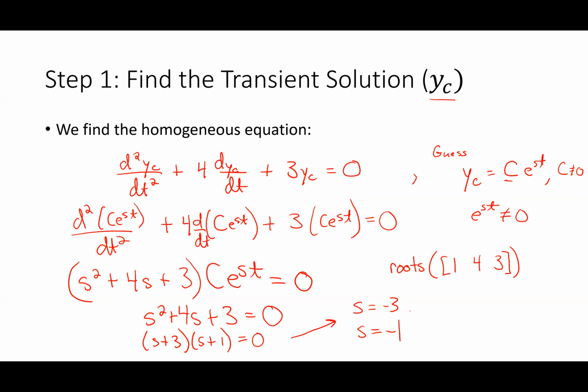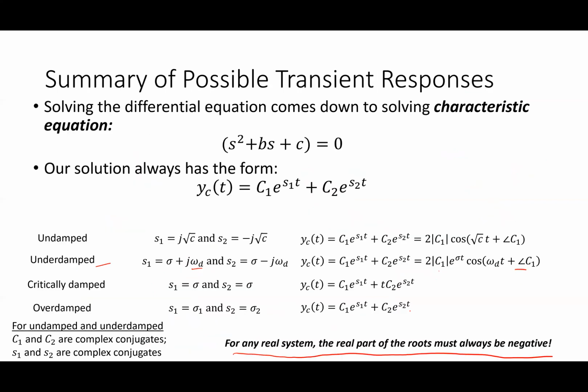As I've said all along, that better be the case: the real parts of my solution are both negative, and they always had better be. When I have two real roots that are distinct, we said that's an overdamped solution. We said we had 4 possibilities, and the overdamped solution is one where S1 and S2 are both real and distinct.